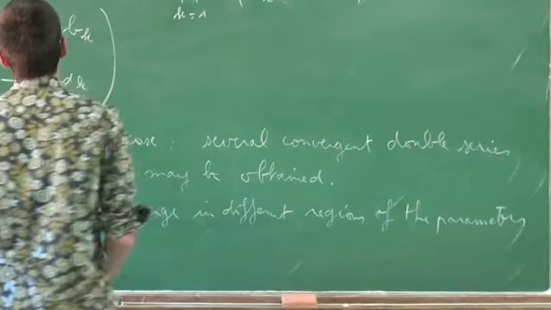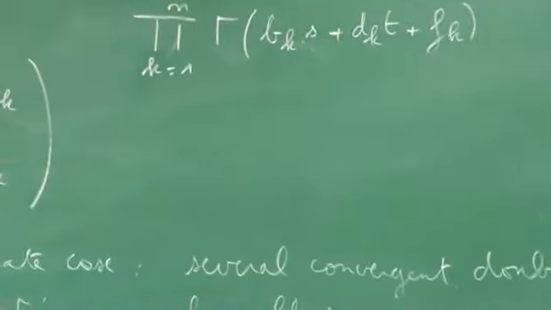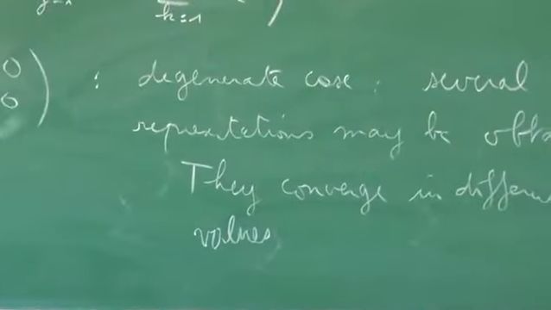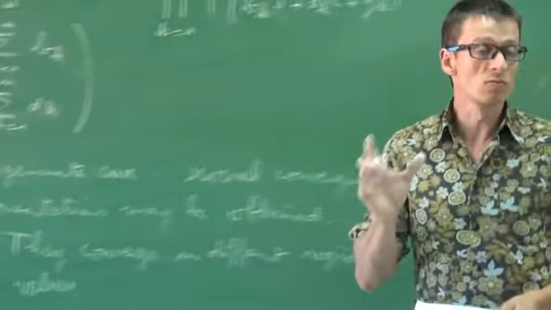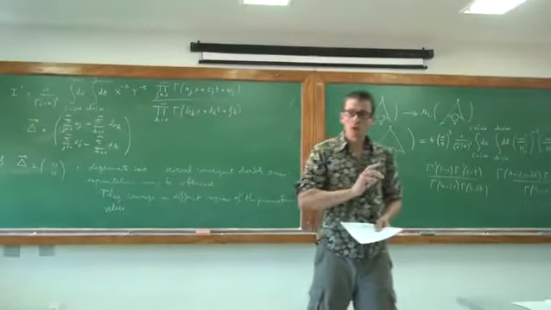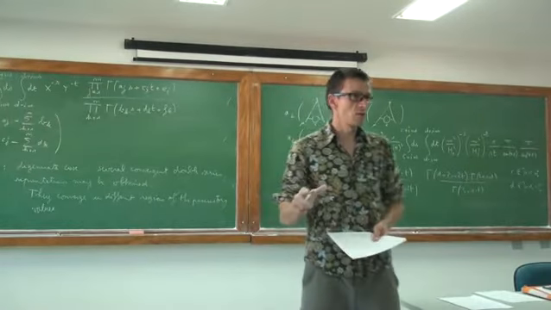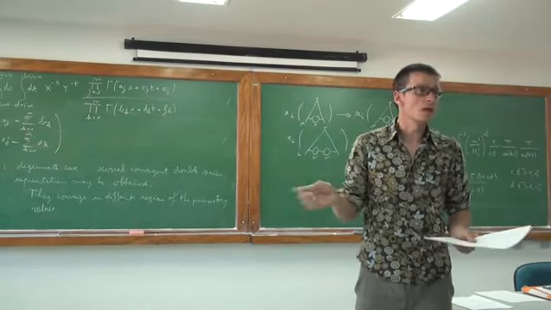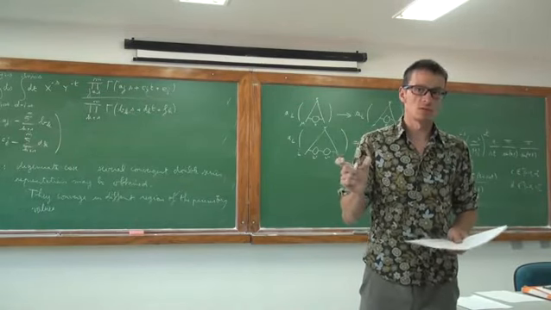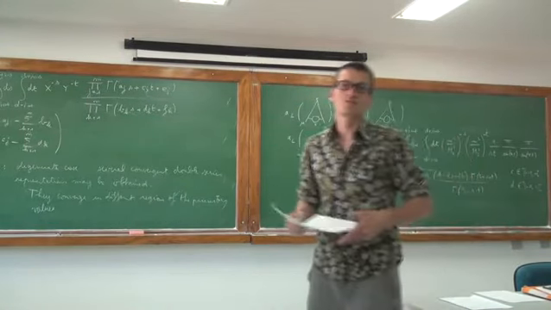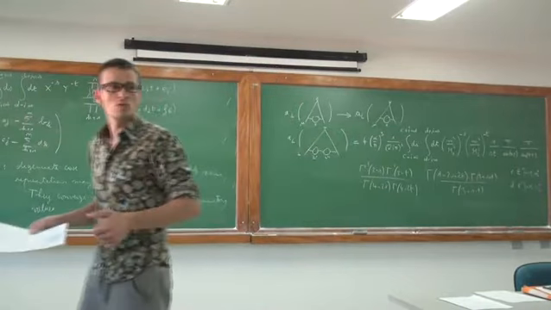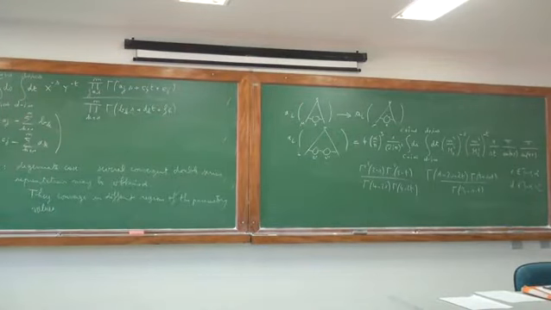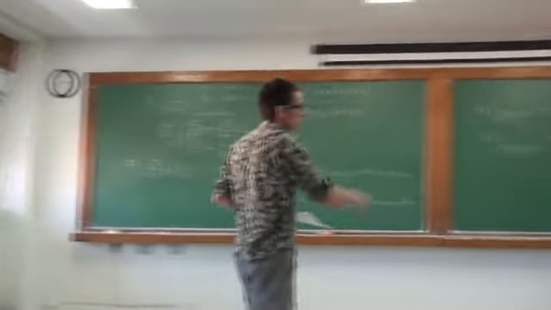Okay, the parameters are x and y. So, if delta now is non-zero, there is only one double series which converges everywhere, but at x and y equal to 0. Okay? Unfortunately, in the quantum field theory context in general, we are in the delta equals 0 case, and we can see it here.